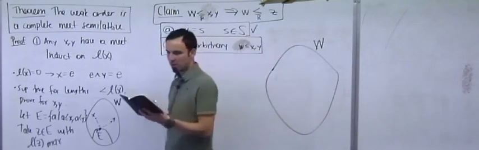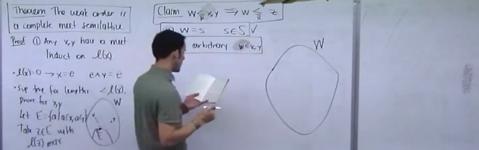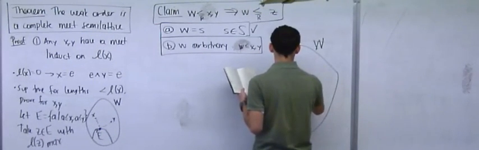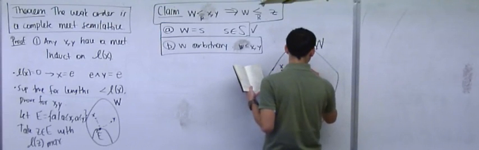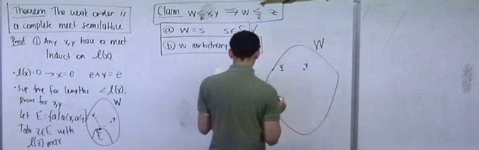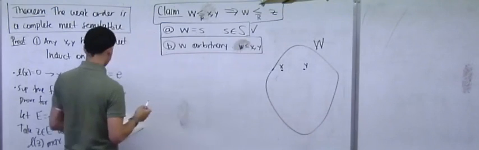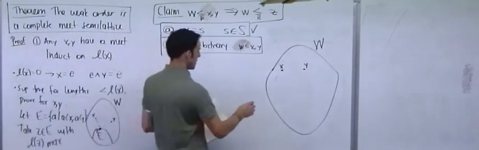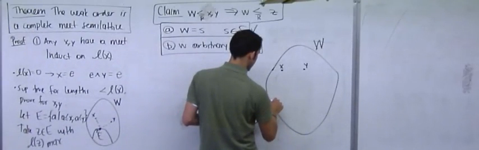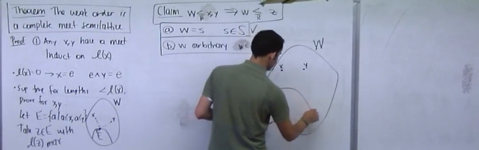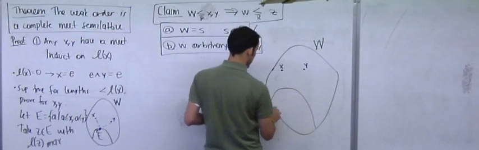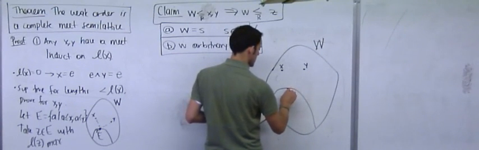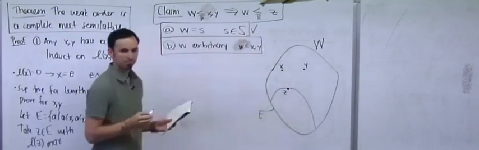So I can imagine that this is my big flow set. Here's x, here's y, and then E looks like this maybe. And Z is one of the highest guys in here.